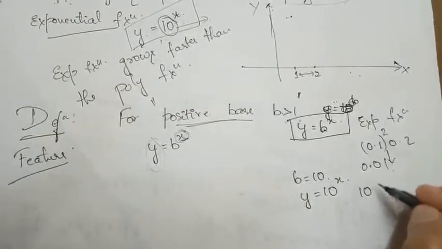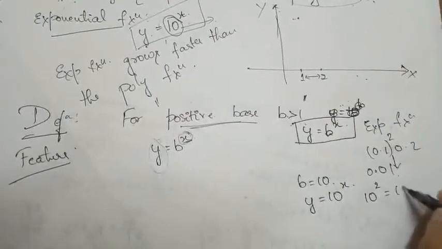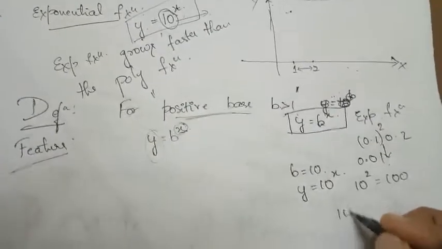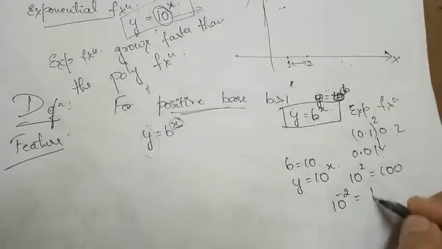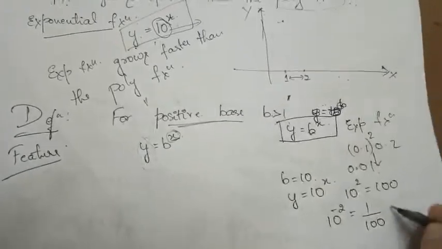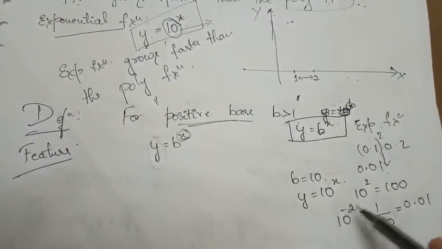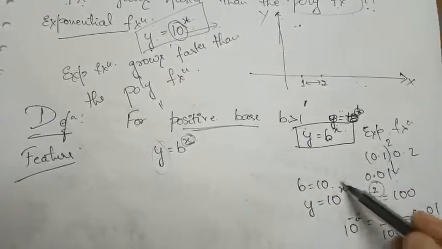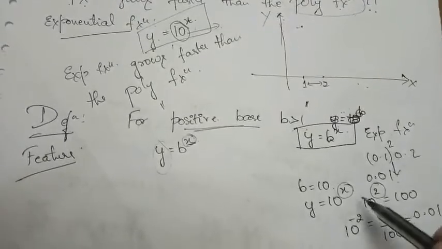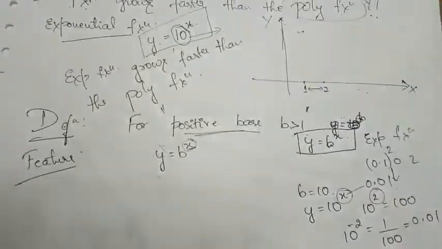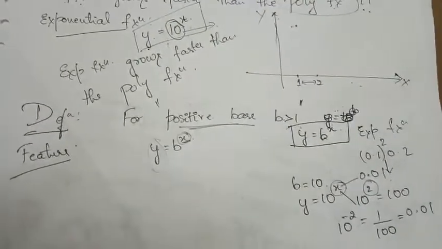Suppose I consider 10 to the power of 2, it will be 100. Suppose I consider 10 to the power of minus 2, it is 1 by 100, that is 0.01. So whatever the x values are, it can take positive values as well as negative values.